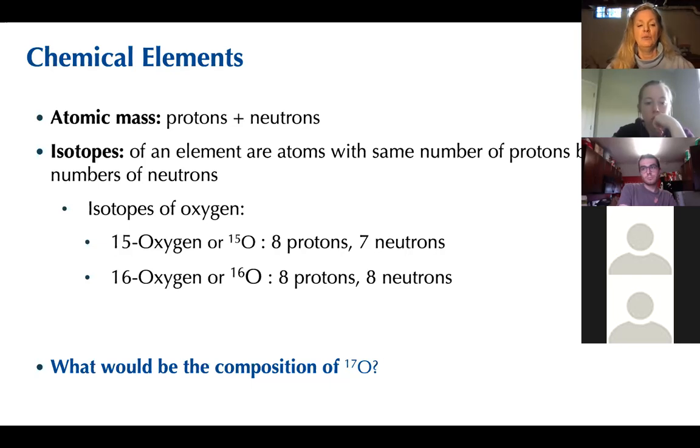Oxygen 16, which is the common oxygen that we think of, has 8 protons and 8 neutrons in it. So what do you think the composition of oxygen 17 would be? 8 protons and 9 neutrons, right. And electrons, where did I leave out electrons in all this?